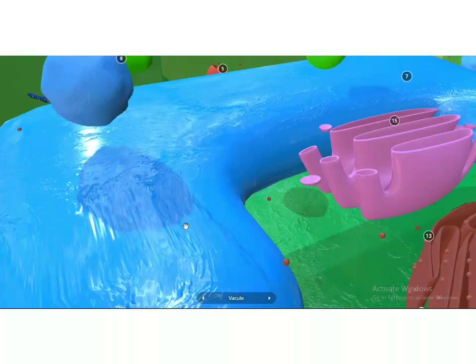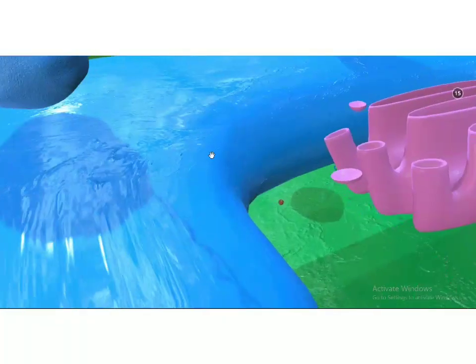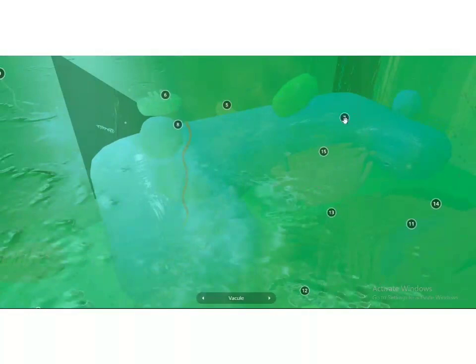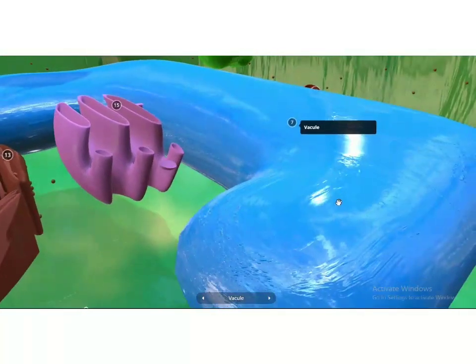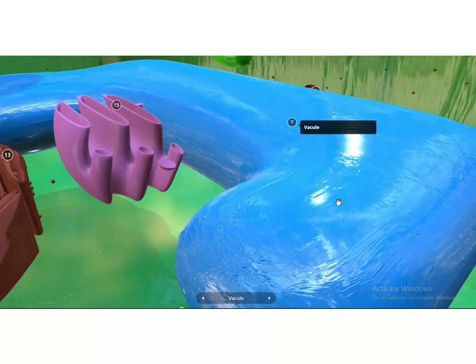These cell vacuoles are full of liquid, which is called the cell sap. This cell sap contains different types of organic acids, salts, proteins, and carbohydrates, but all these things are usually found in soluble form in the cell sap.